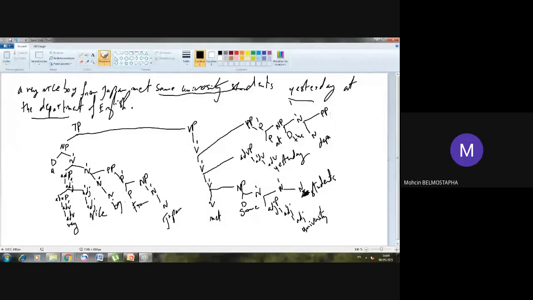We have P bar. We have P of, preposition of, and noun phrase, and N bar, and N English. Very good.